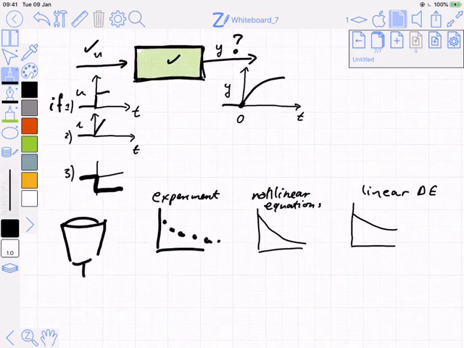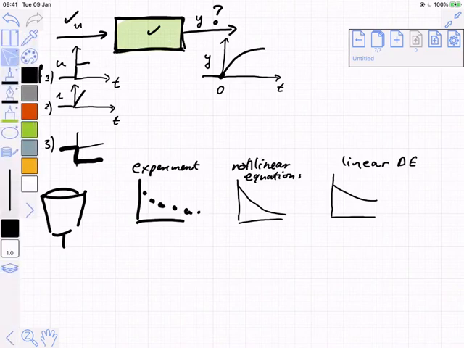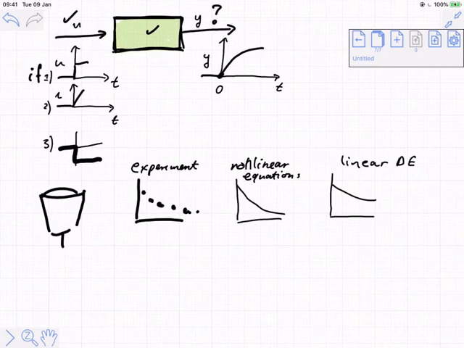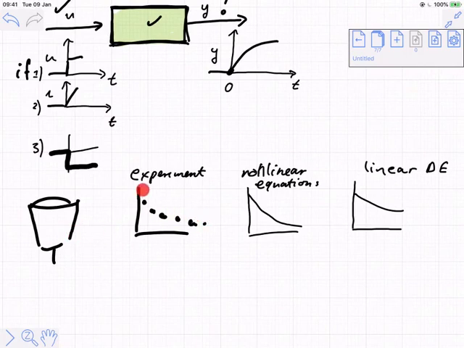Now, weirdly, I suppose it's a little bit of a shortcoming on my side, but I expect you to understand that this case that I drew here, this negative case, and you should recognize that these initial results that we got from our experiment and from solving the nonlinear equations also match the shape that I expect to see, that first order response kind of shape, going from some initial steady state condition with zero outflow to a new steady state condition with outflow.